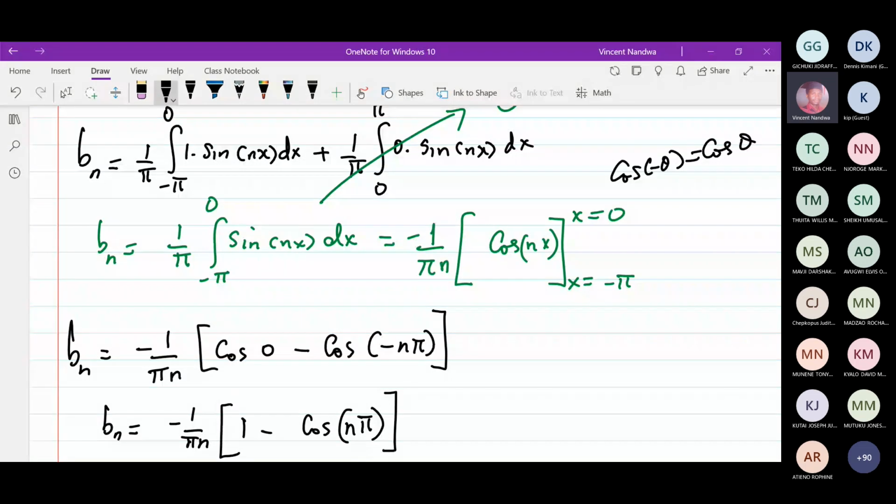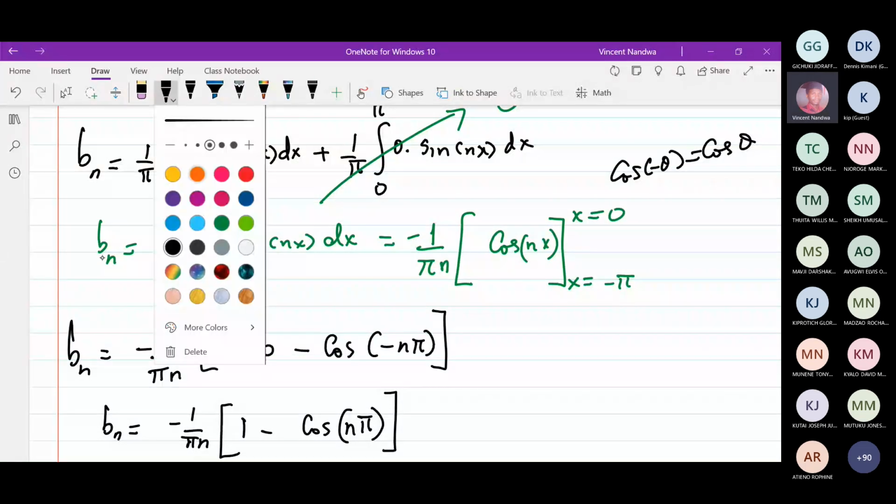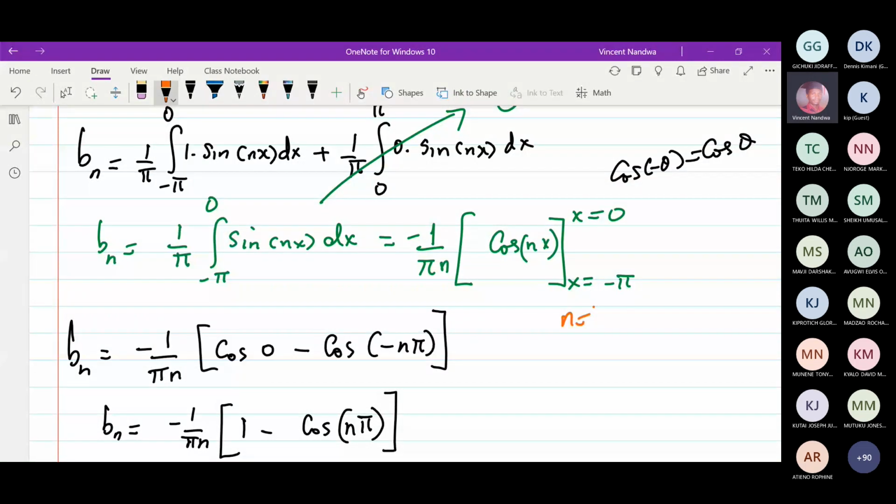So remember, I told you that these n values are 1, 2, 3, 4, 5, 6, 7, etc., or even you start from 0. So when you put 0 for n, the answer will be cos of 0, which is 1.